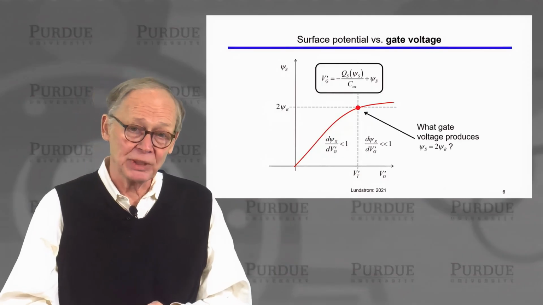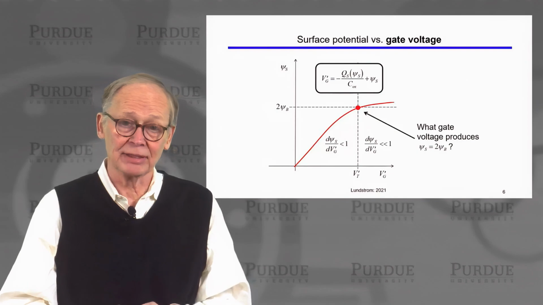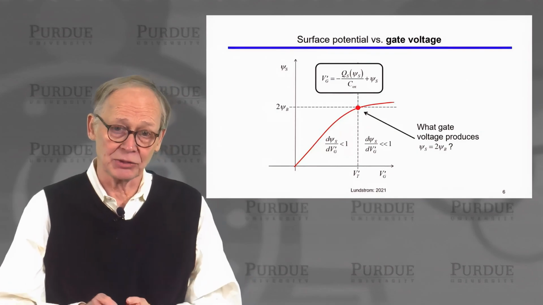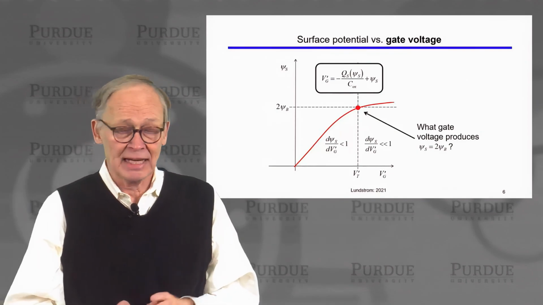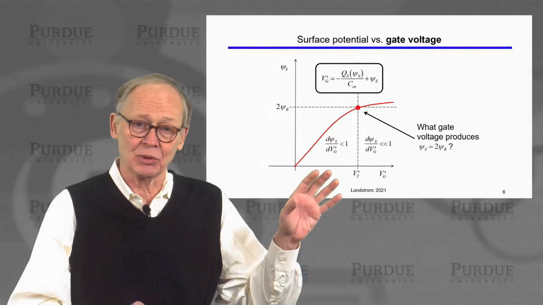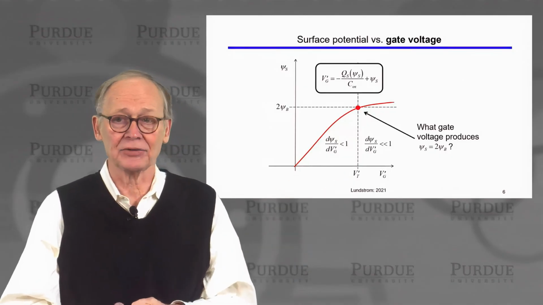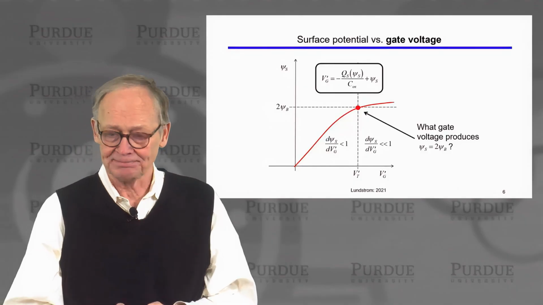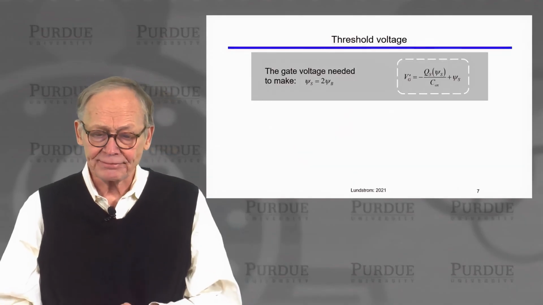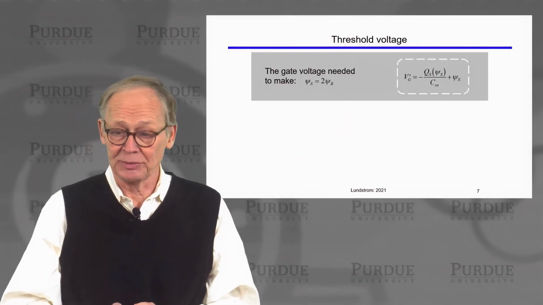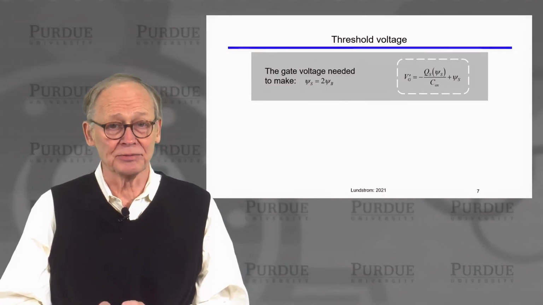The boundary between those two regions is a band bending of 2 psi b. That's when inversion begins. And then our question is, what gate voltage inverts the semiconductor? What gate voltage produces a surface potential of 2 psi b? Well, that gate voltage is going to be our threshold voltage, so it's an important voltage to know.